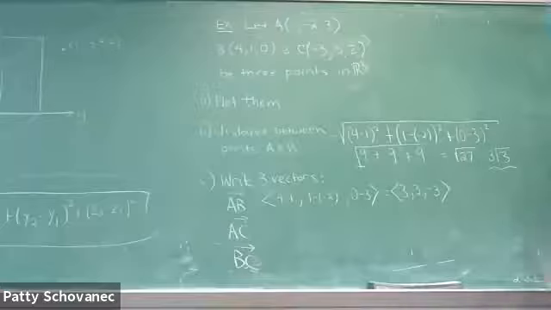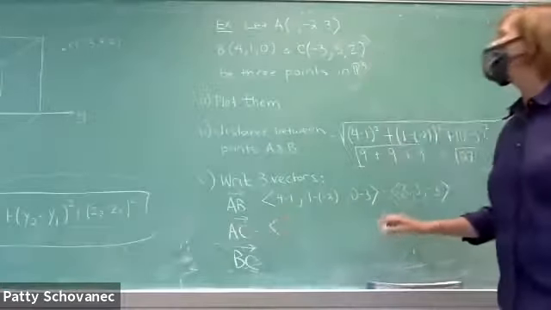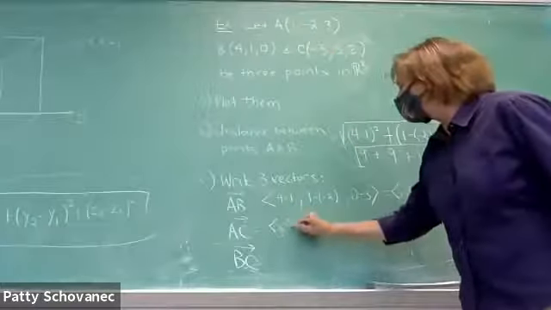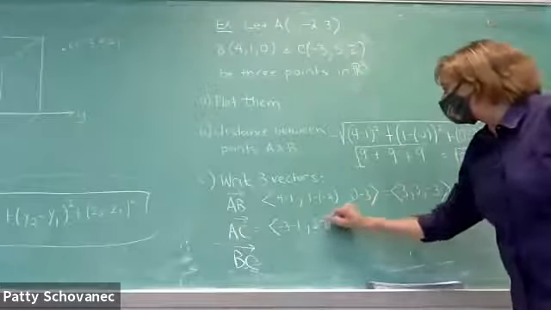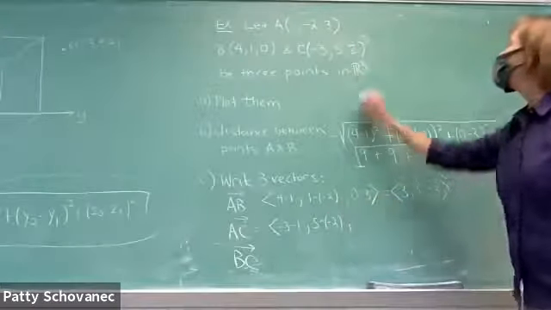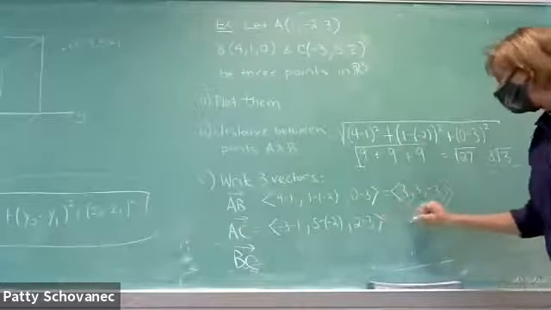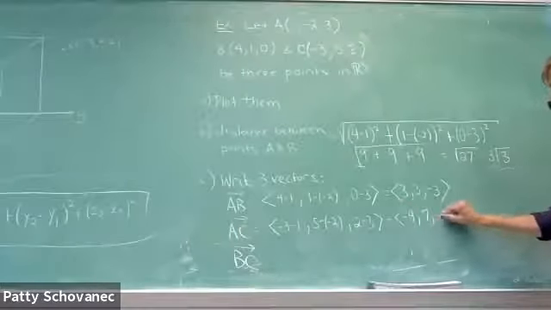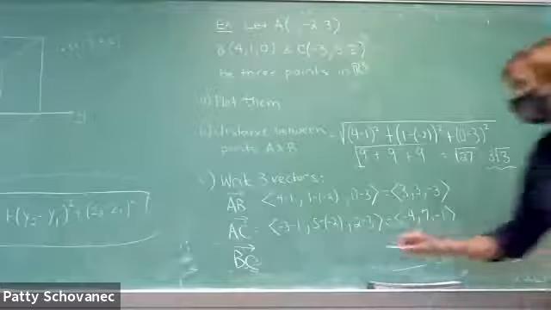All right, so we'll catch up with you. You take the coordinates of C and subtract off the coordinates of A. So negative 3 minus 1, 5 minus a negative 2, and 2 minus 3. Gives me the vector negative 4, 7, negative 1. Right? Okay, BC.